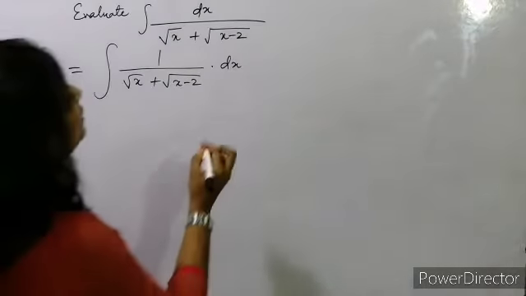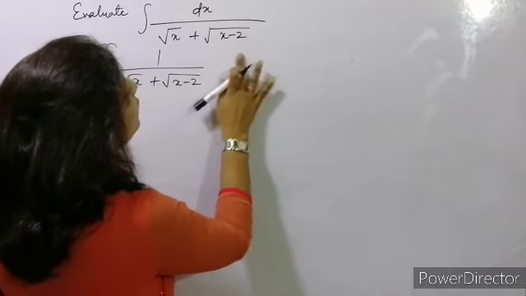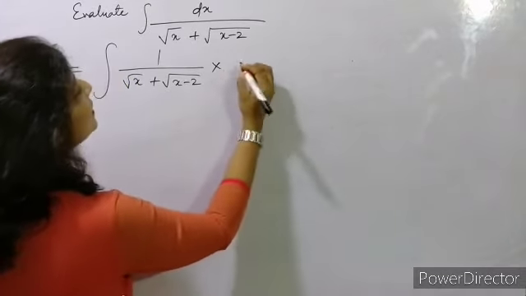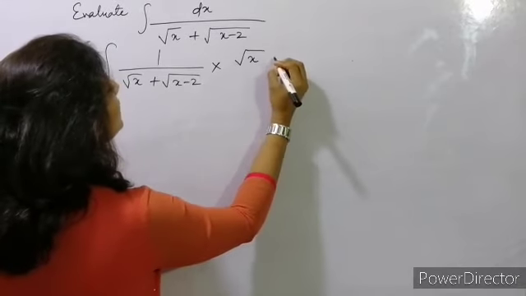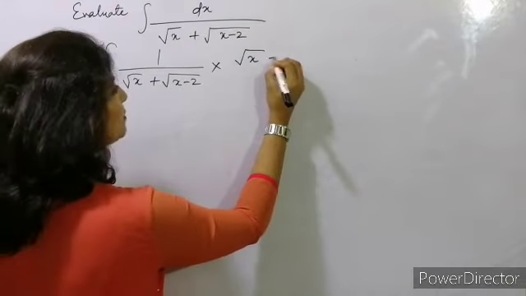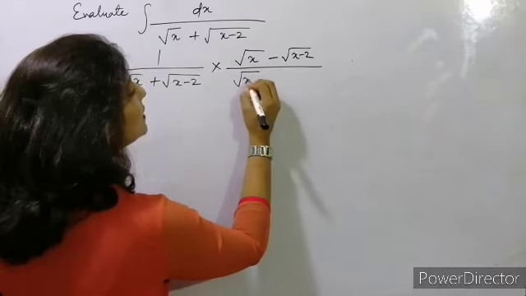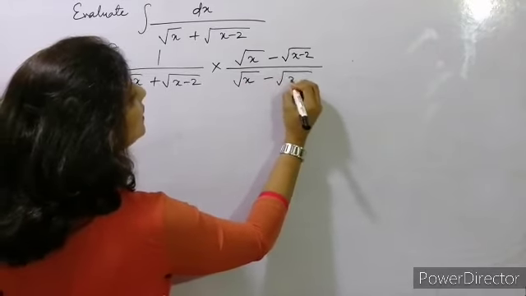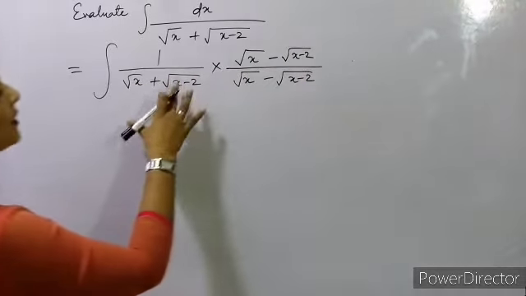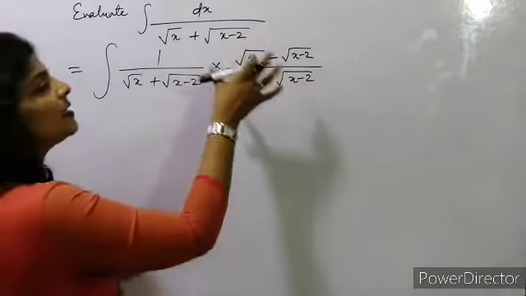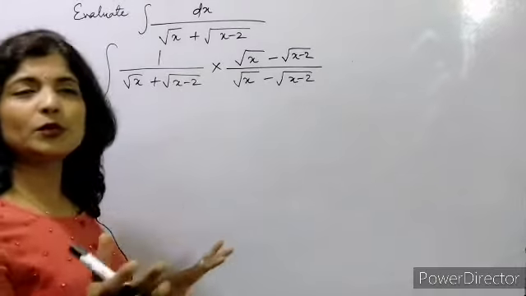Okay, now what we'll do, if we multiply this by square root of x minus square root of x minus 2, and we'll divide it by the same thing. So we can do this because if we are multiplying this by something and dividing this by something, there will be no change.